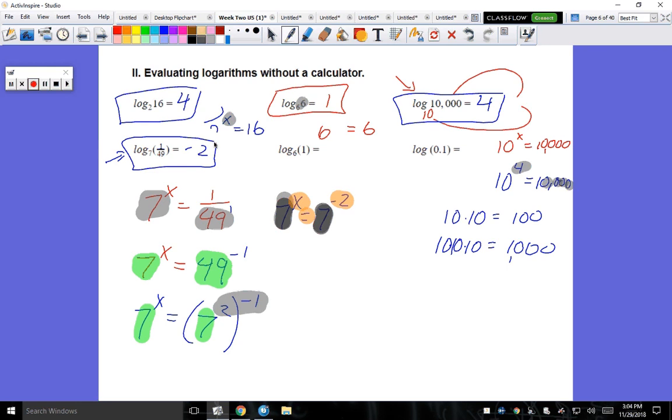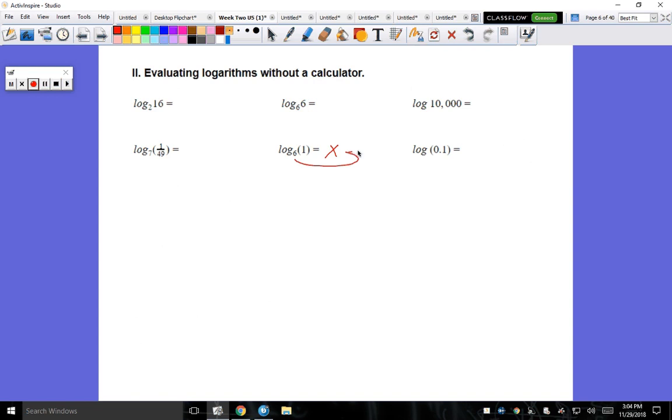Alright, here we go. This one's equal to x. And if I rewrote it, I have 6 to the x is equal to 1. Some of you are kind of cringing right now because it's like, what is this? 6 to the power of 0. Nicely done.